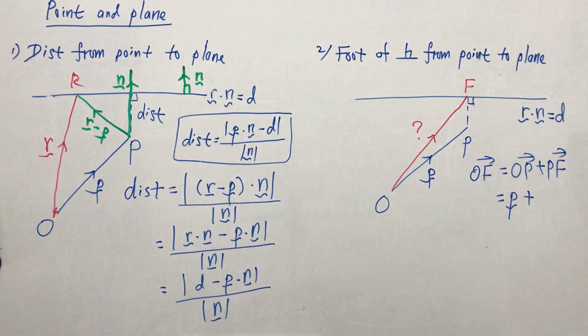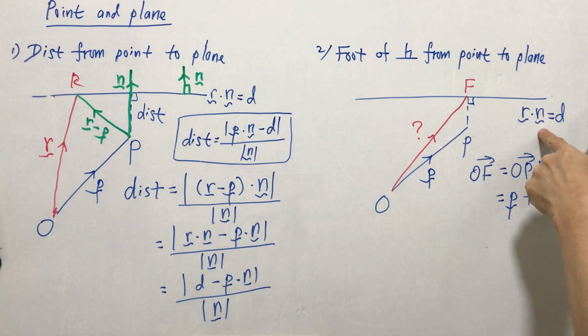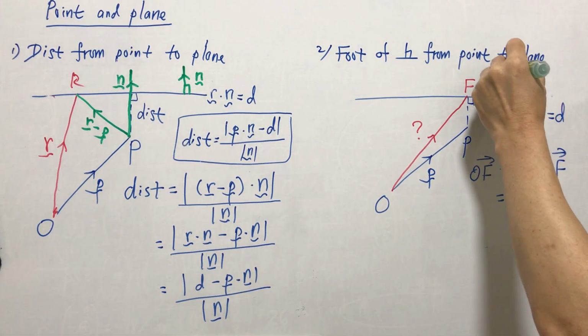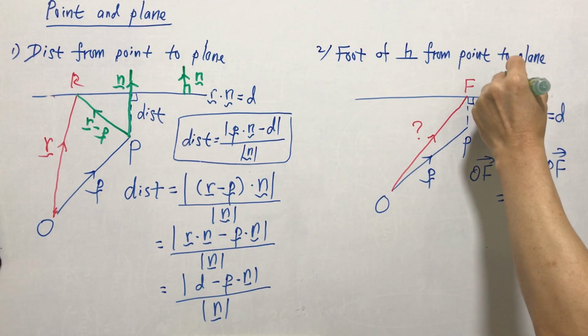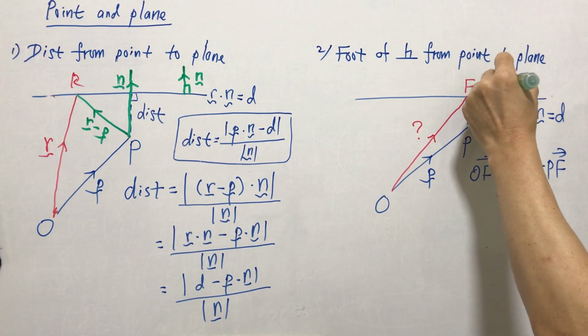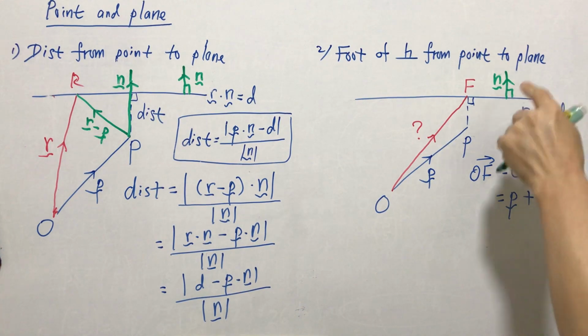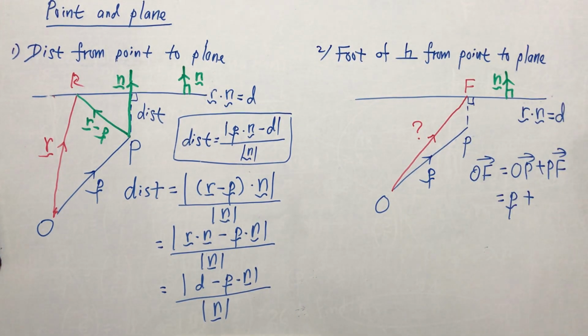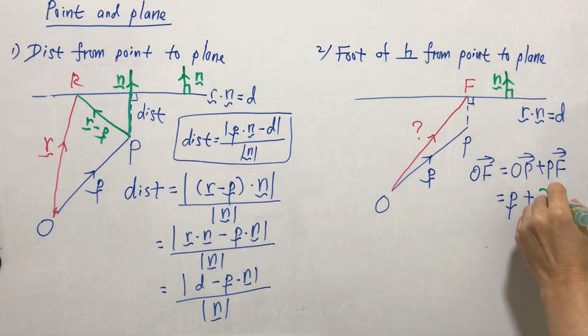Make a guess, what do you think I'll write down for PF? Now, in this diagram, the vector n is perpendicular to the plane, so I can draw it like this. Looking at this vector n and this PF, you will realize that PF and n are parallel, so I can write PF as a multiple of n.